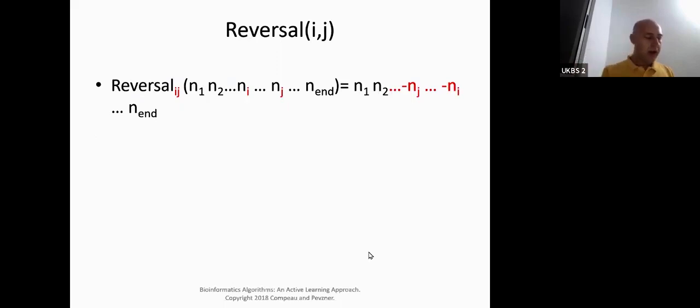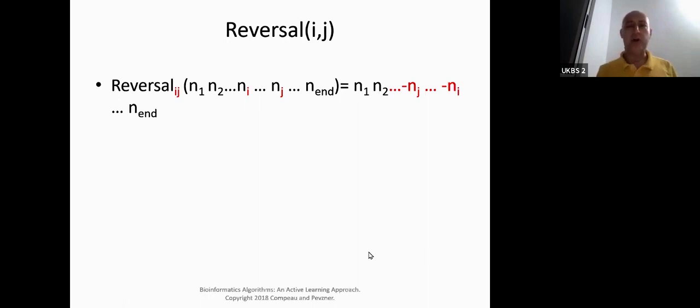Now we are going to define what is a reversal. Given the original sequence N1, N2, Ni, Nj, and Nn, a reversal is N1, N2, minus Nj to minus Ni, to Nn.